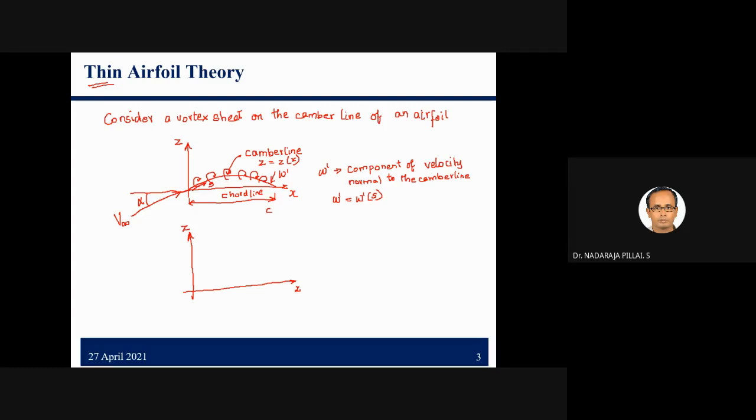Say this is the camber line, and now I say that the vortex sheet appears not on the camber line but on the chord line, right? So we orient our thinking in such a way that the vortex sheet is placed on the chord line now. And of course, this is the camber line. So please note.